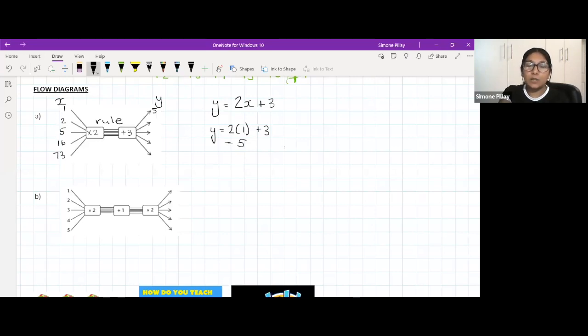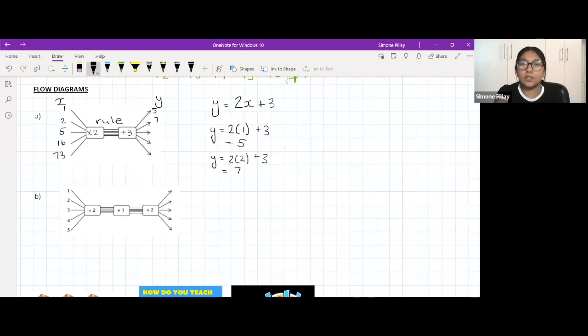Next one, you guys all seem to be ahead of me. Let's go through this quickly. I'm taking my input, which was 2. I'm multiplying it by 2. I'm adding 3. 2 times 2 is 4. 4 plus 3 gives me 7.